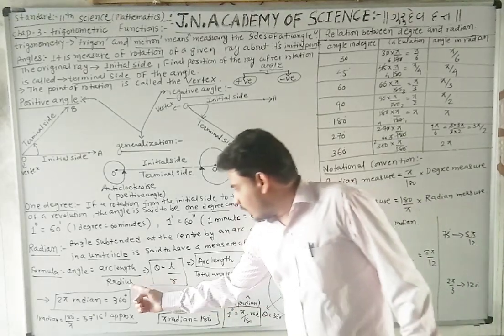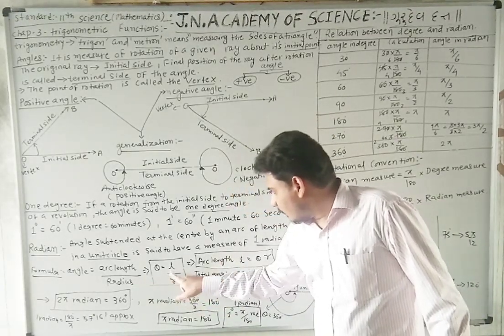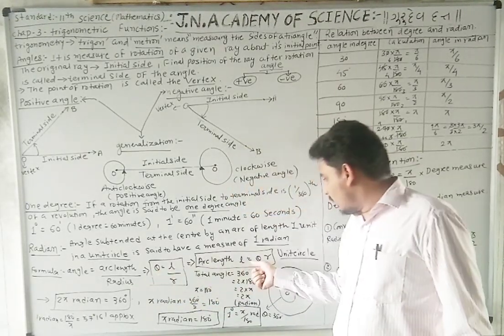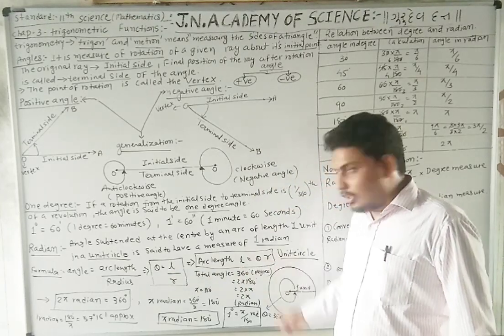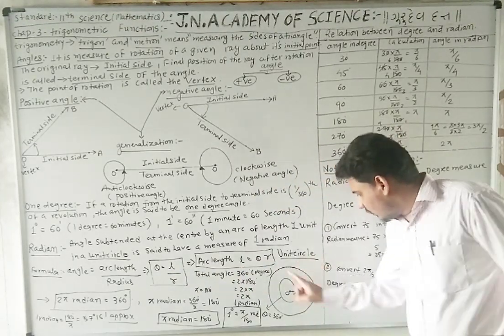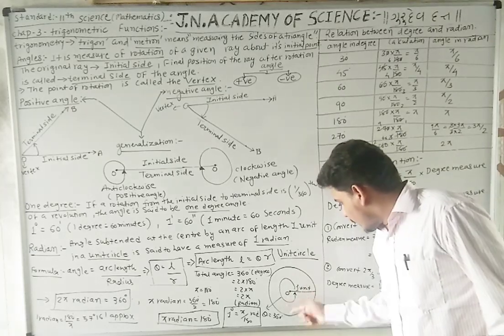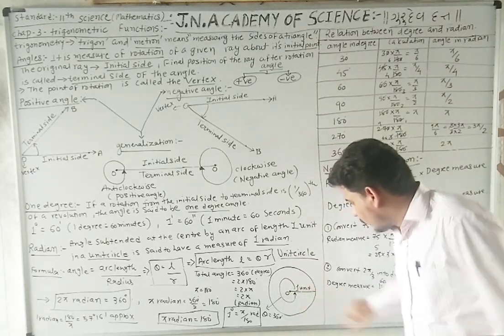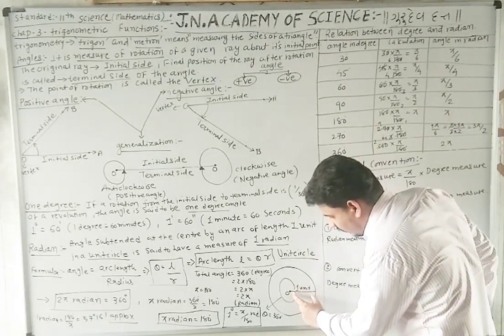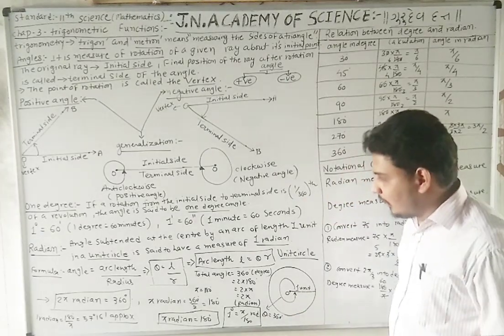So the arc length L will be theta into R. The requirement is a unit circle, which we have already drawn here. The radius of this circle is 1 unit, which is why it is known as a unit circle.